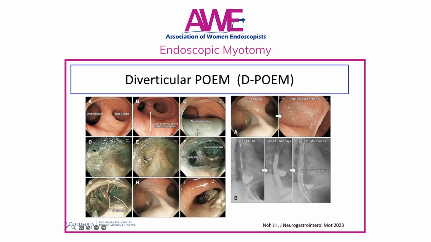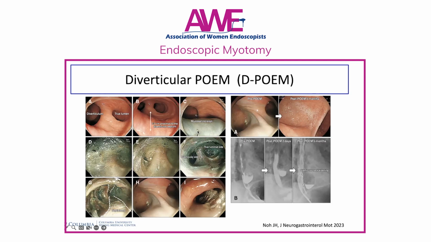And there's some question of whether these form because there's some degree of LES hypertension that causes an outpouching of the distal esophagus. But nonetheless, this has been treated with POEM procedure itself.